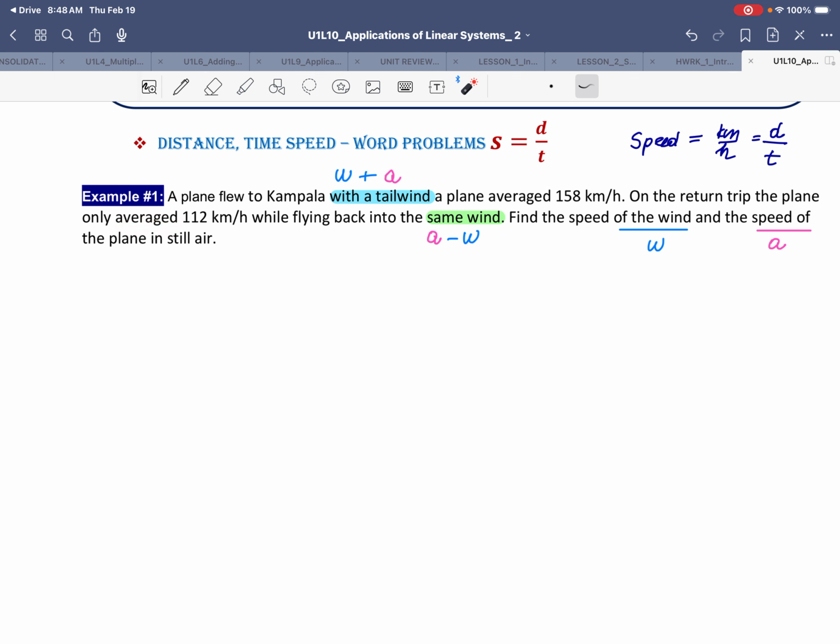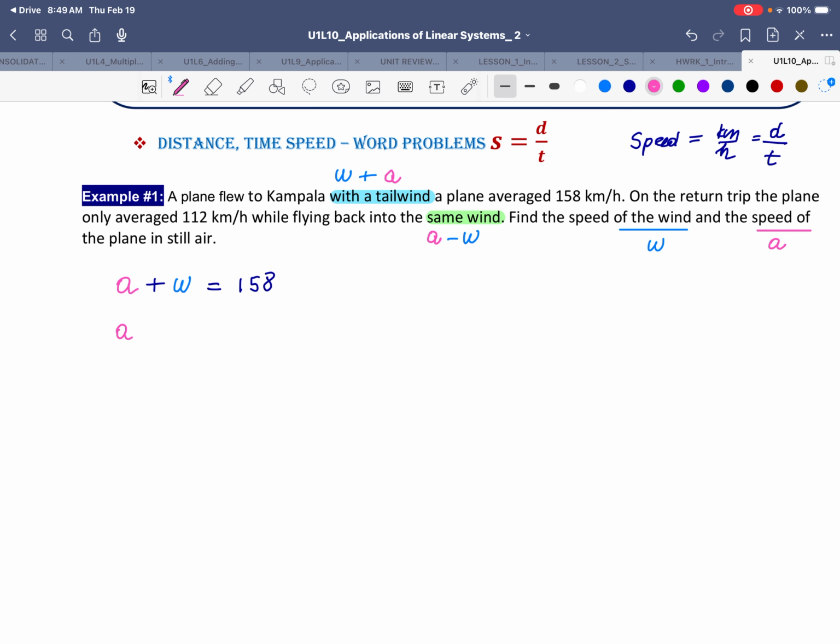So we're going to say that if the speed of the plane with the tailwind is 158, it means that the speed of the plane plus the speed of the wind will equal 158. And next we have the speed of the plane decreased by the speed of the wind.